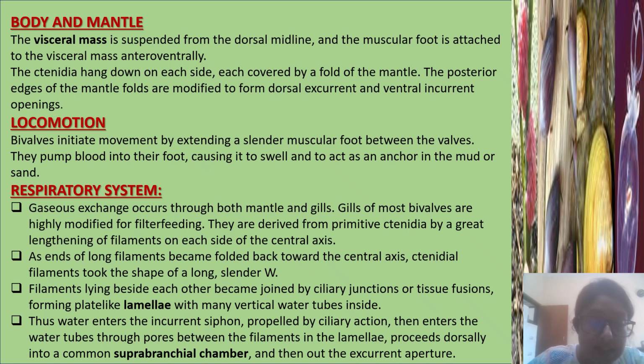Thus, water enters the incurrent siphon propelled by cilia, then enters the water tubes through the pores between the filaments in the lamella, proceeds dorsally into a common suprabranchial chamber, and then out the excurrent aperture.